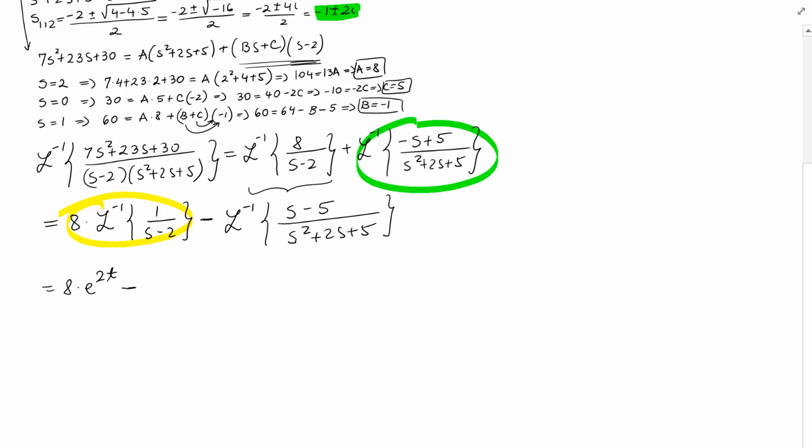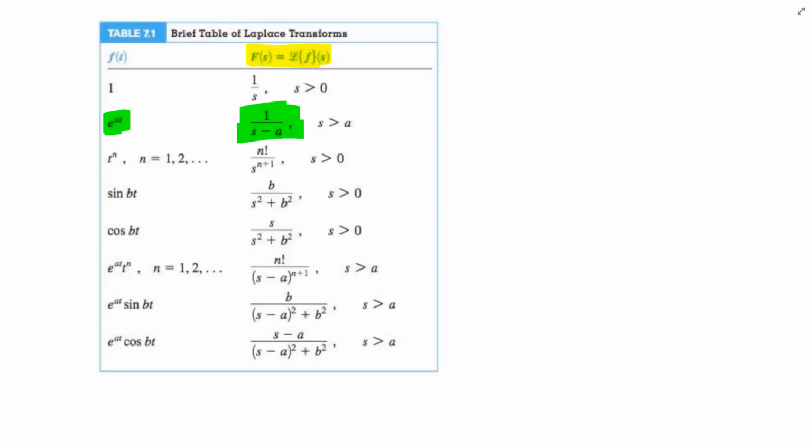Now if we look again in the table, we don't have the denominator as a trinomial as squared plus bs plus c, but we have them in completed square form. So let's complete the square in our case.